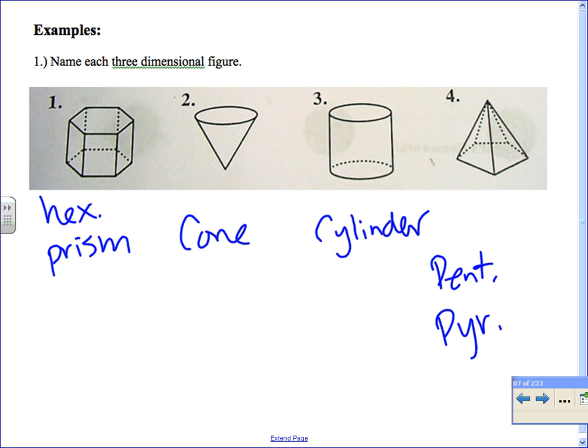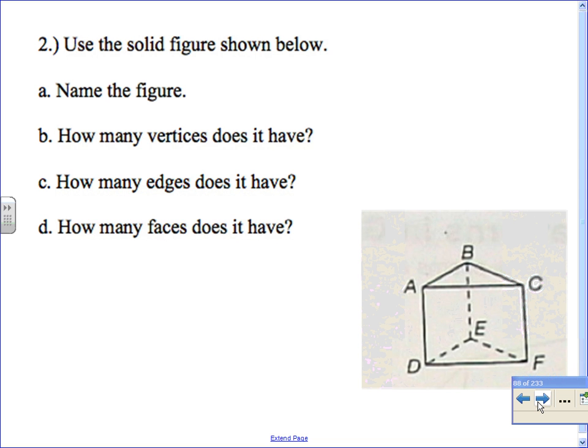Number two, Annalise, letter A. Good. Jeremy, letter B. Good. 6. Emma M, letter C. Nope. Edges. Donatus, letter C. 9. Letter D. Justin. Good.